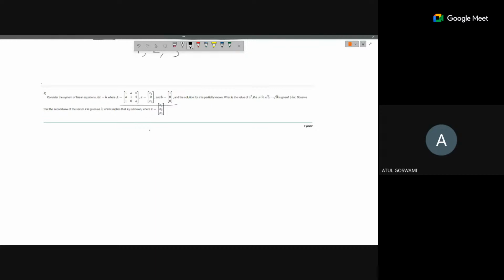So basically the catch here is that x is partially known because x2 is already 0, right? So x2 satisfies this 0. What is x2 in general?